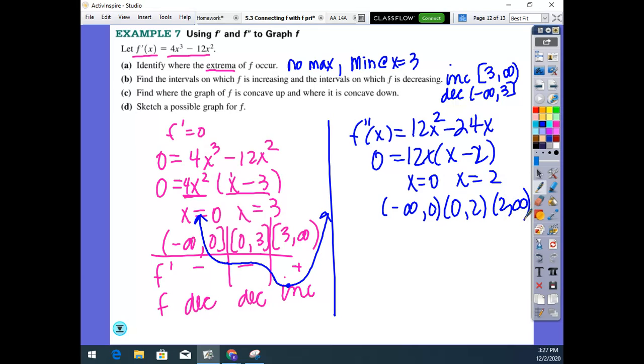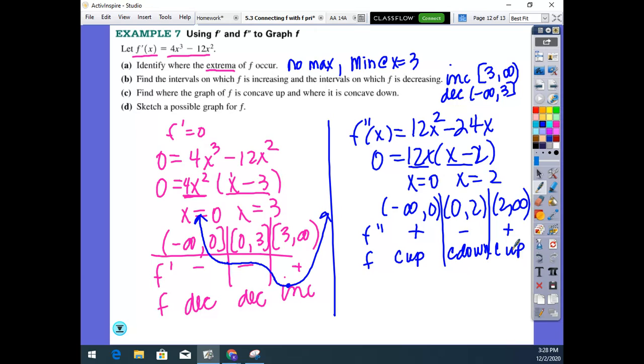We never include anything with our second derivative. All right, so negative 1, that's negative, negative, positive. Plug in a positive 1, positive, negative, negative. 3, positive, positive, positive. So f is concave up, concave down, concave up.